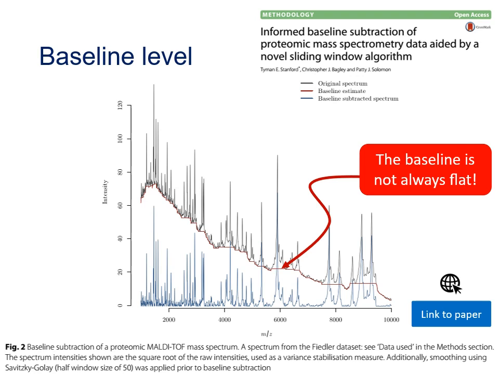So in real spectra, it may be necessary for you to correct for any baseline deviation before you can go on to calculate peak heights and noise levels. However, the methods used for this kind of baseline correction are quite complex and are not something we'll be able to cover in this course. You can, however, follow the link here to go to the paper where this specific method is described.